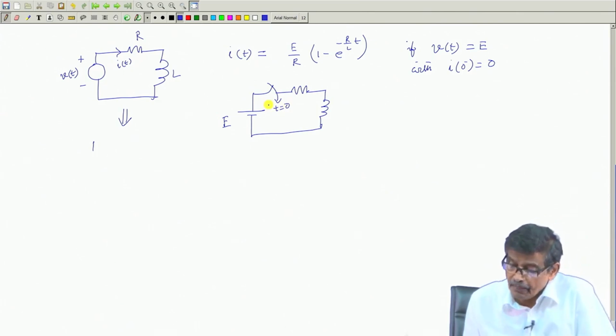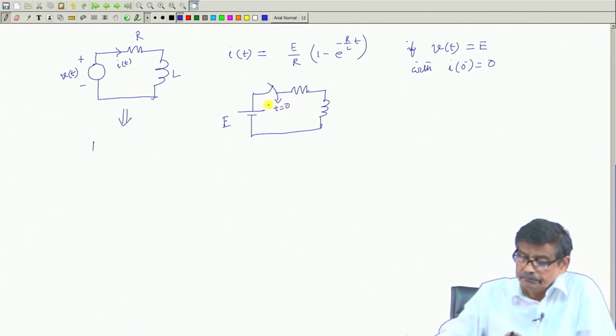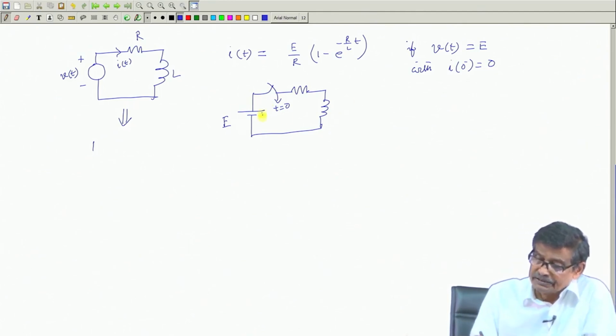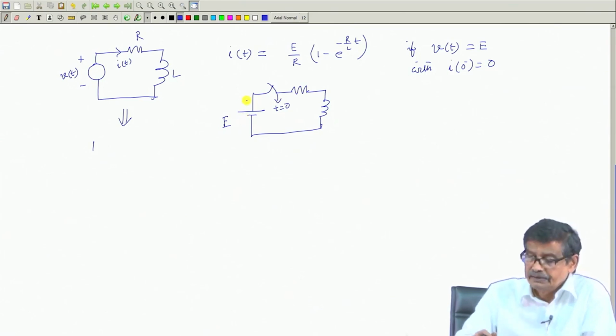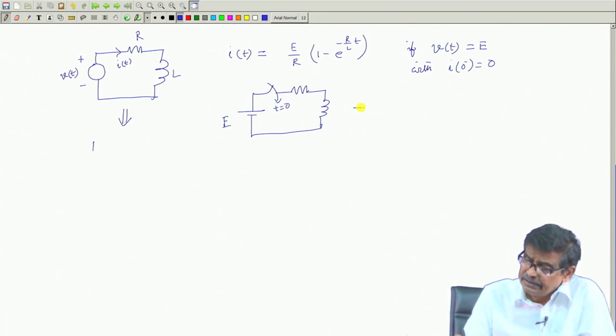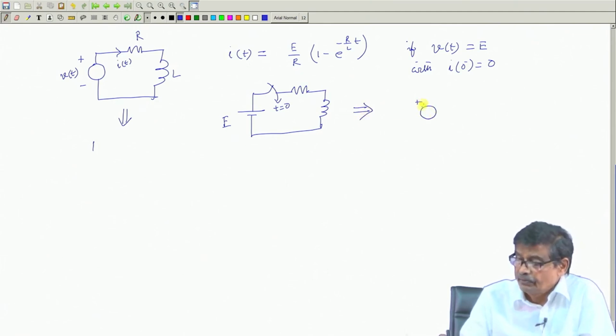But what I am now telling you is that this voltage can be described using a unit step function, and this is the same as telling that I have applied a unit step voltage E into u t, and draw the circuit like this.